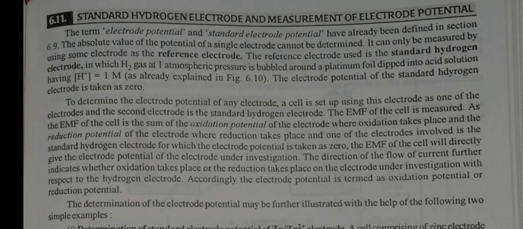The direction of the flow of current further indicates whether oxidation or reduction takes place on the electrode under investigation with respect to the hydrogen electrode. Accordingly, the electrode potential is termed as oxidation potential or reduction potential.